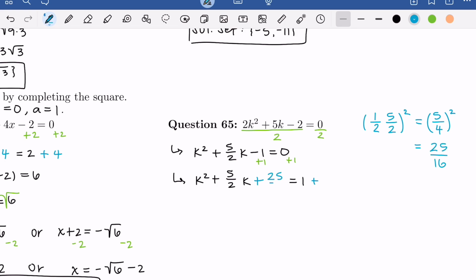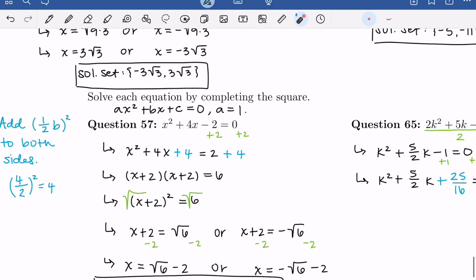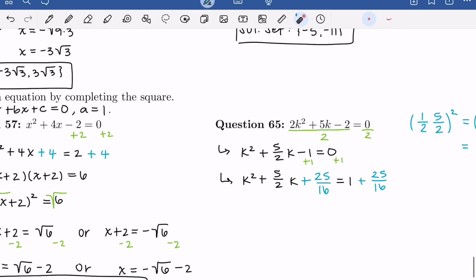So we're going to have to add this to both sides of our equation. Now, this does seem a little crazy. Maybe it's not obvious right away how we're going to factor this. But notice, in the last example, we're easily able to factor this, and these two numbers ended up being half of b. So that's what is nice about completing the square.